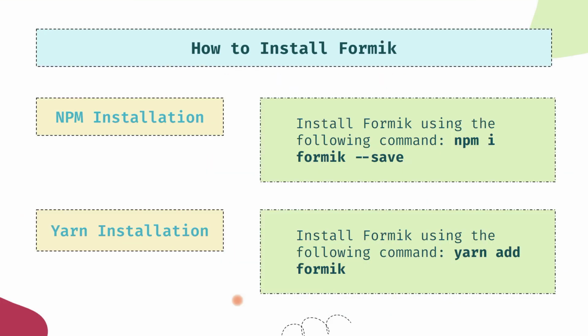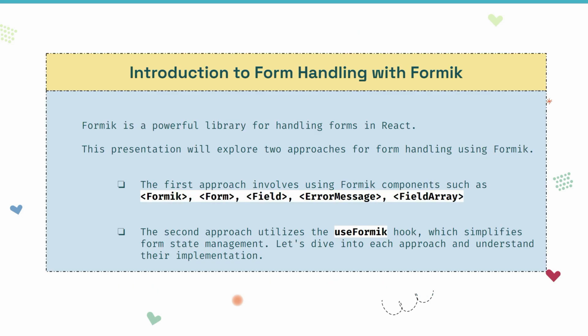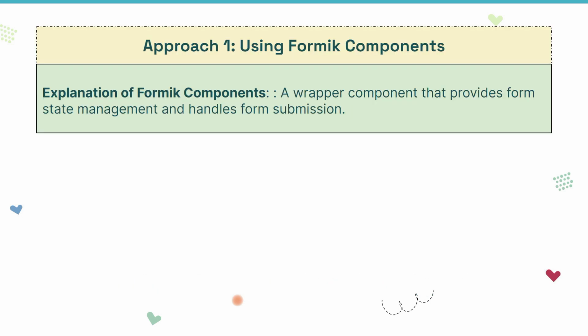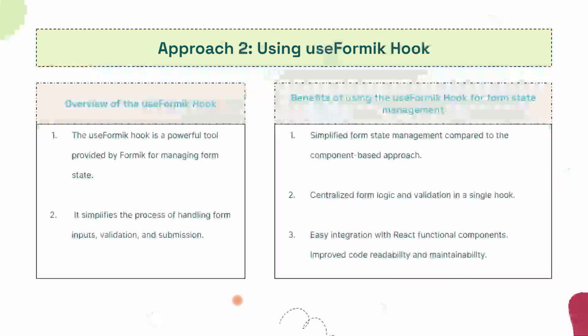There are two different ways to install Formik: npm install formik and yarn add formik. Now the approach one. In the first approach, we will see how to create a very simple component using Formik.